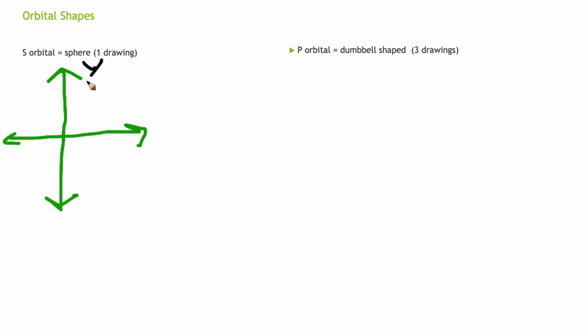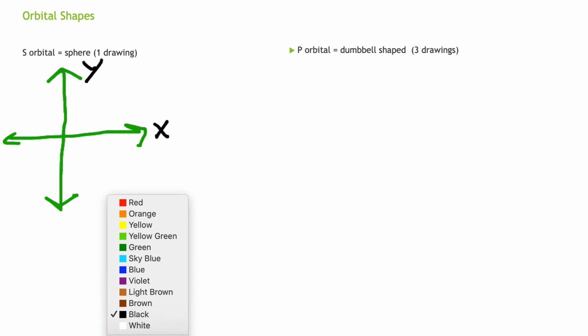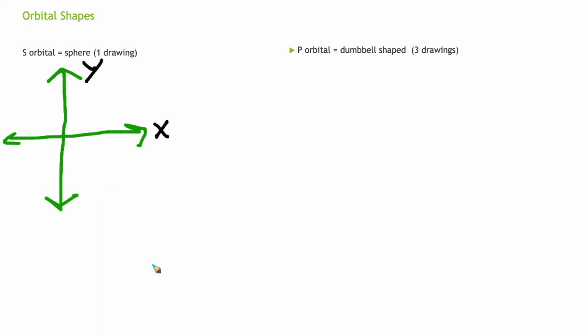This is our y, x-axis, and then this is our s orbital. Right, it's a sphere. Now, p orbitals. So an s orbital, we only have one drawing.